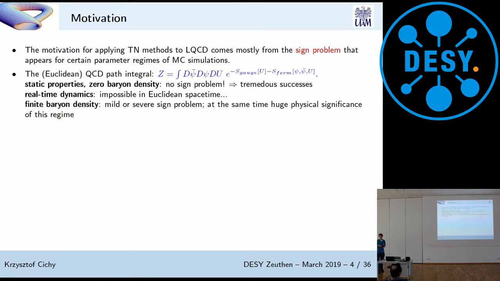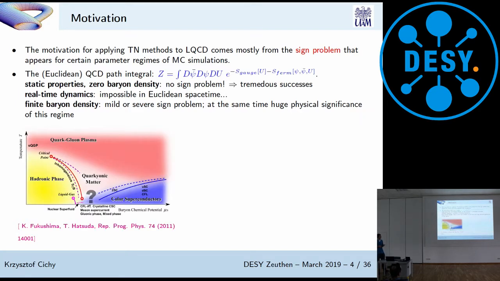If you want to do finite baryon density, then you encounter a sign problem. It can be a mild sign problem if your chemical potential is not too large, but it can become really severe if the chemical potential is larger. And of course, this is a region of great physical significance.